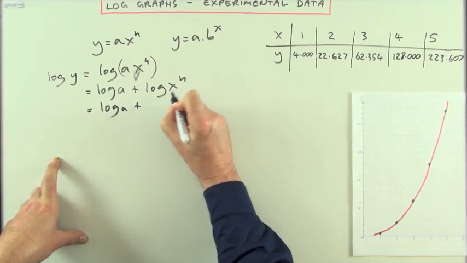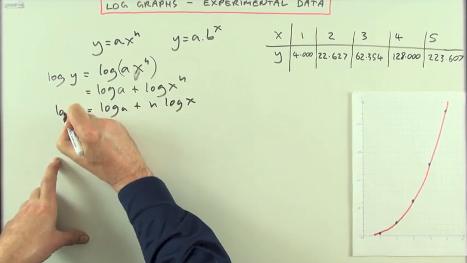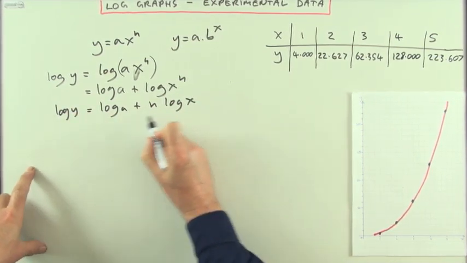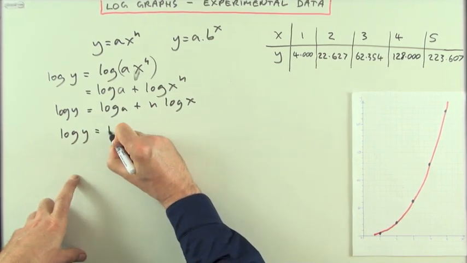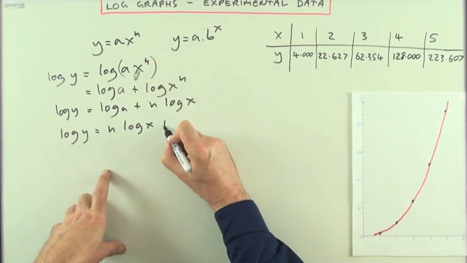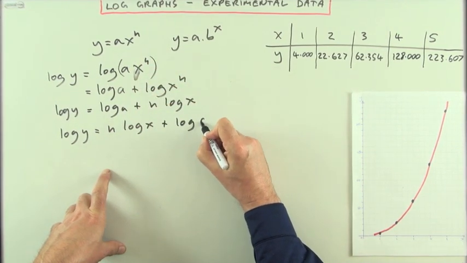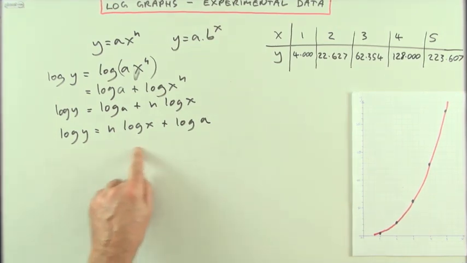So I've got log 10 a plus n times log 10 of x. And then rearranging that, I've got log 10 of y should be n times, remember n was that power, log 10 of x plus log 10 of some fixed number. Now that's in the form of a linear equation.